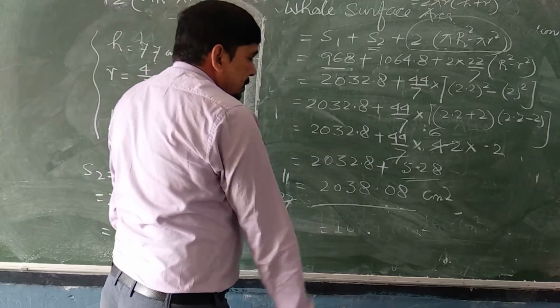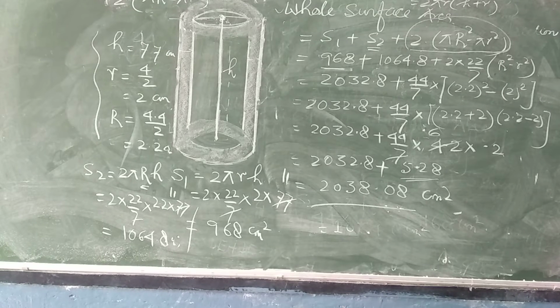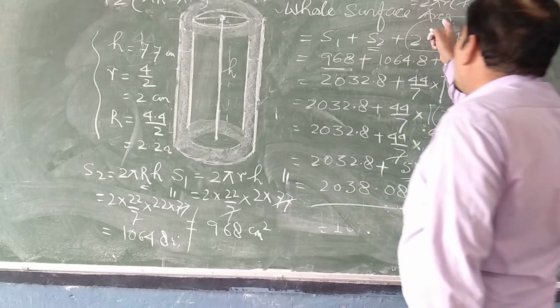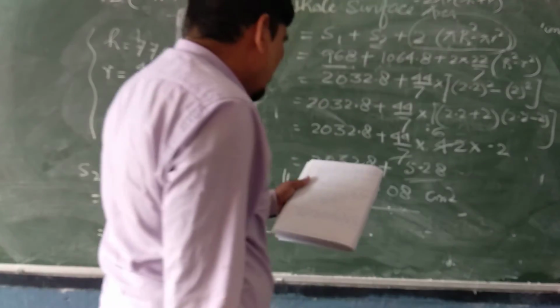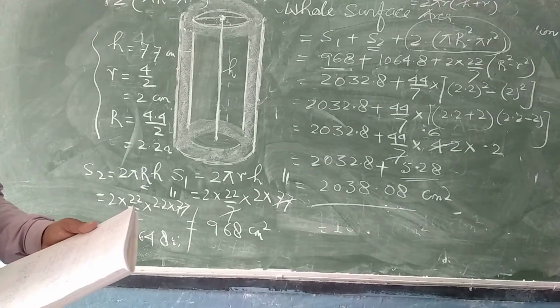Now add, it gives 2038.08. So that is the whole surface area of the metal pipe.